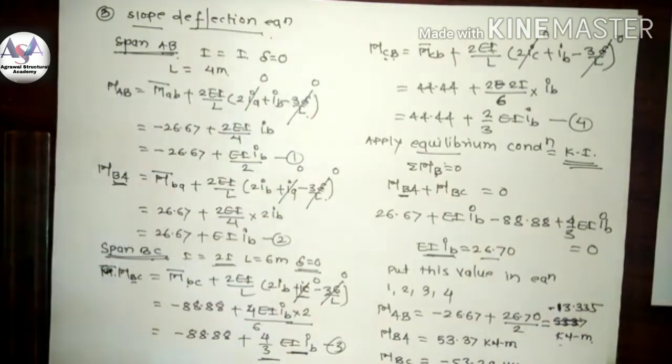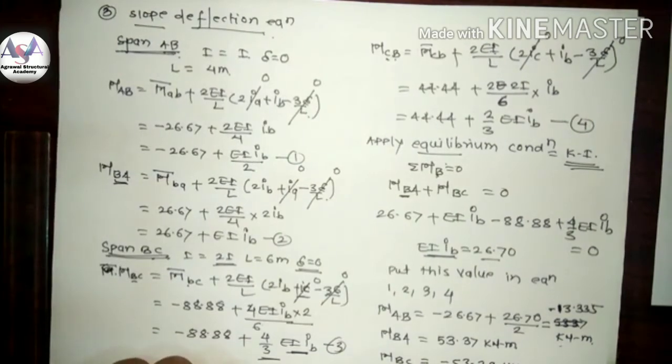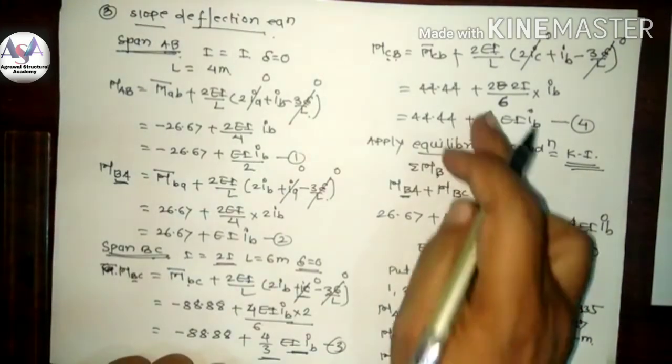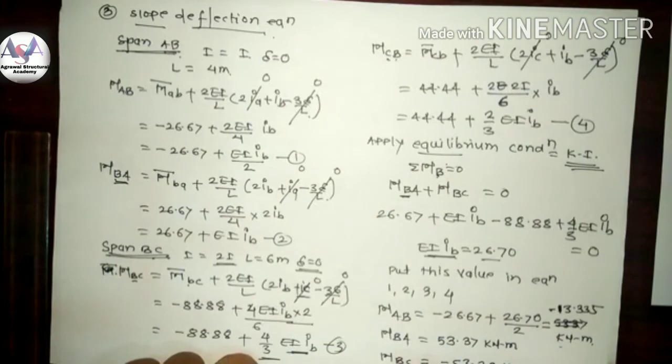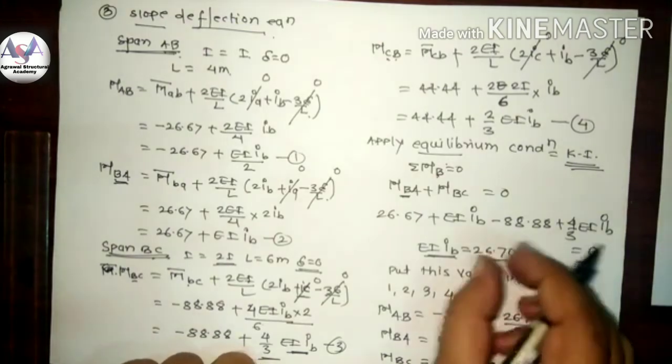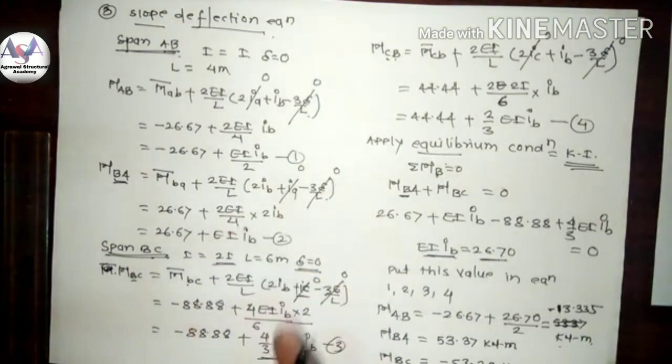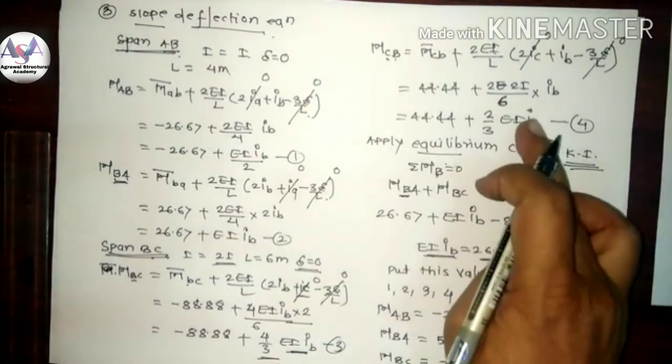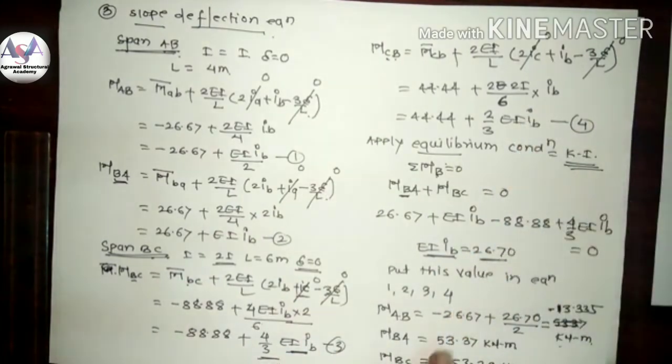and then MCB, here put your value, that value becomes 62.24 kilonewton meter. We have to keep only this EIθB in each of these equations.